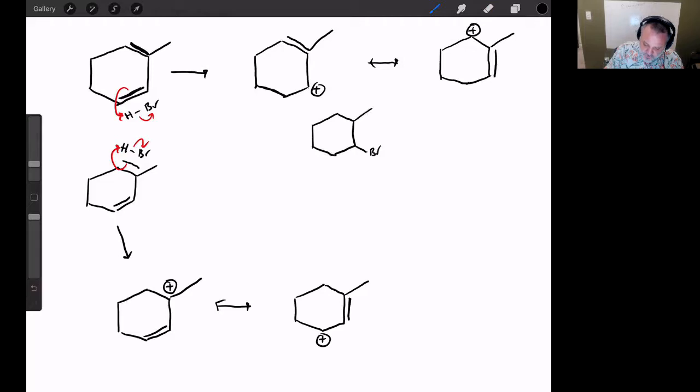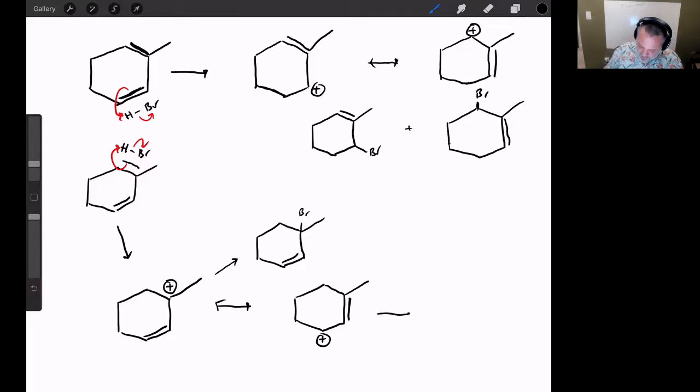This one would be the one where the bromine was already there due to the proximity effect. I get this product. The bromine adds here, had to move around. I get this product. The bromine adds here, it was already there, and I get this product. Bromine adds here, it had to move over there.